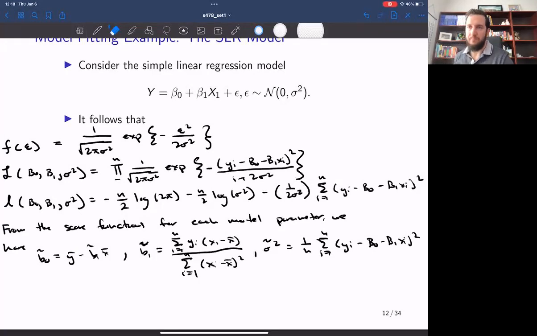Okay. But again, it's the next aspect of the model fitting process that's going to really be the important part of what we're going to work on throughout the semester. So that is the evaluation of model fit, which in the case of the linear model, a lot of the time just boils down to a residual analysis and then an assessment of the diagnostic measures and then variable selection and then rinse and repeat on the simplified model. Okay. For the generalized linear models that we're going to study later on for the majority of the class, we're going to learn about different measures that we can use to evaluate those fits.